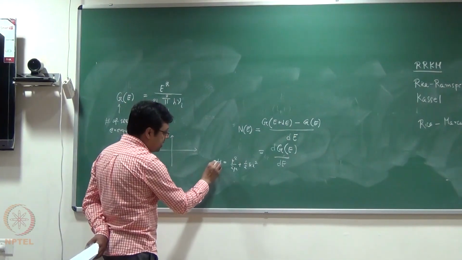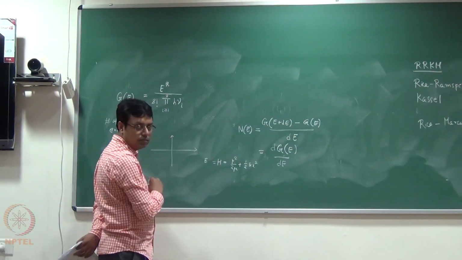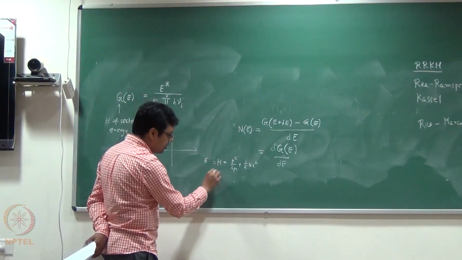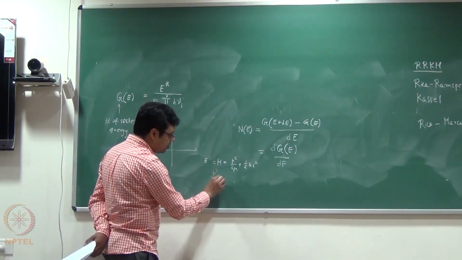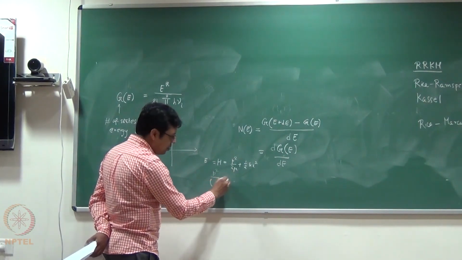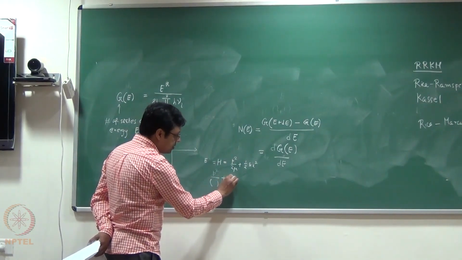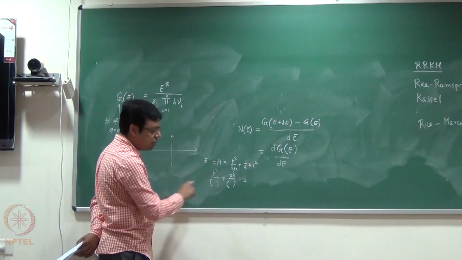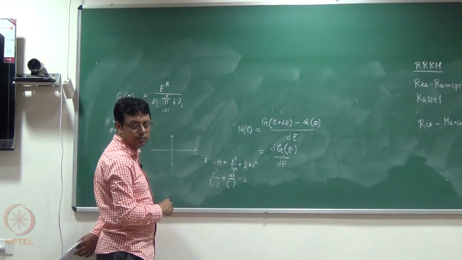Clear? If the energy is fixed, suppose I am fixing the total energy, then I can write this equation as something like p square by some constant square plus x square divided by some constant square is equal to 1. So that is the equation of an ellipse.